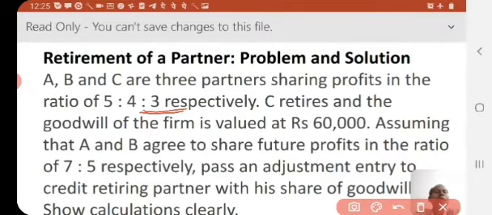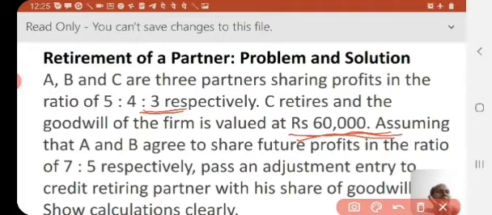So total 5:4:3 is equal to 12. 12 fives are 60, and 60,000 is the goodwill. In goodwill, C's share is 3 fives, which is 15,000, because total shares are 12, and 12 fives are 60,000.